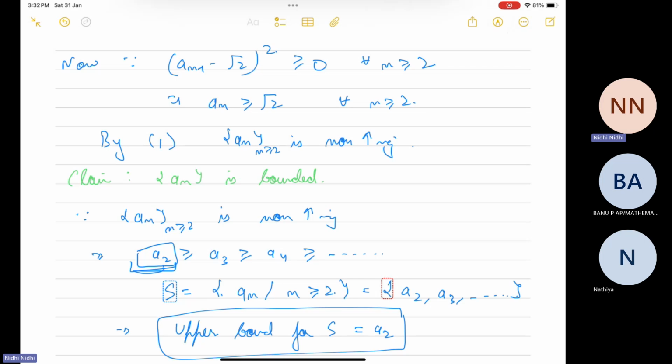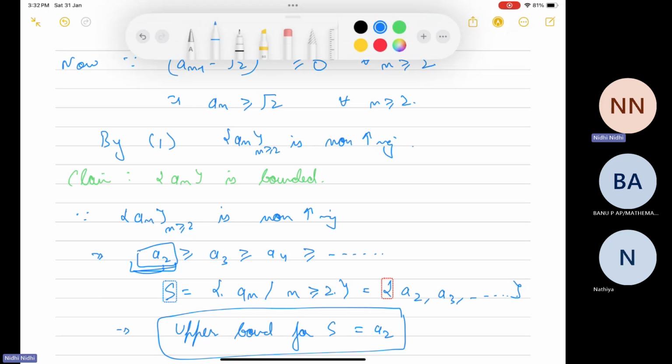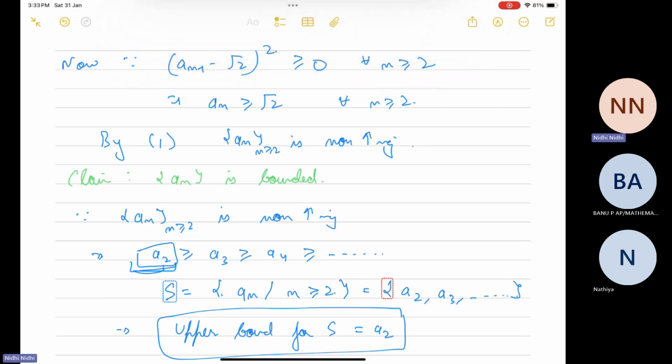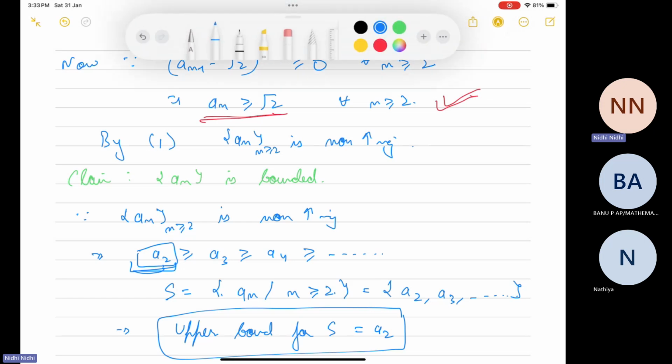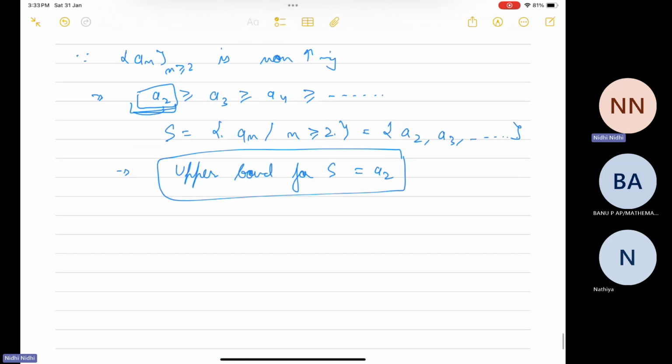We had just proved something. In order to prove that the sequence was non-increasing, we proved that an is greater than or equal to root 2. That means all the terms in S are greater than or equal to root 2. That means root 2 is a lower bound.